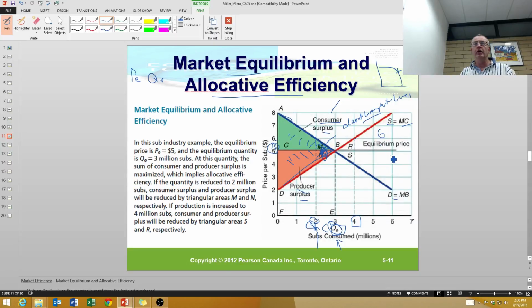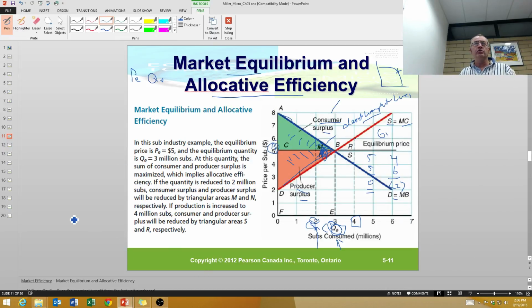Our benefit is only 4, our cost is 6, so the net is -2. Whereas in equilibrium, our marginal benefit and our marginal cost are the same, and so the net is 0.